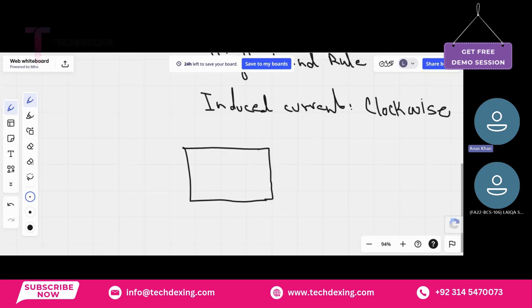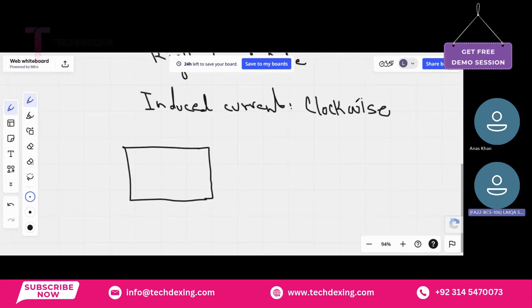You just have to tell me that if we have the induced current moving in the clockwise direction, in the top wire, will the current move from left to right or from right to left? The current is clockwise.